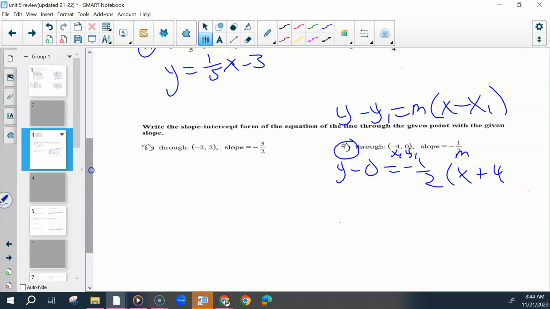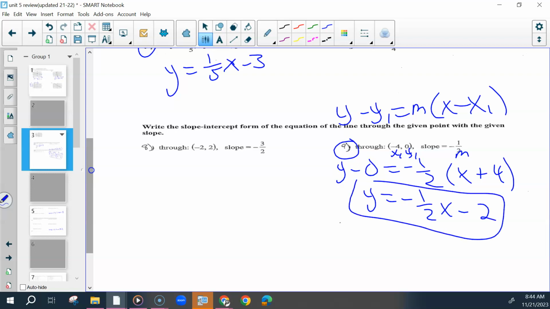How you do that is up here. You can only change it to a plus if it was a negative, because it would be minus minus. Right. Distribute, so we have y equals, because this would just become y, -1/2 x minus 2. Do we have any questions about that one?